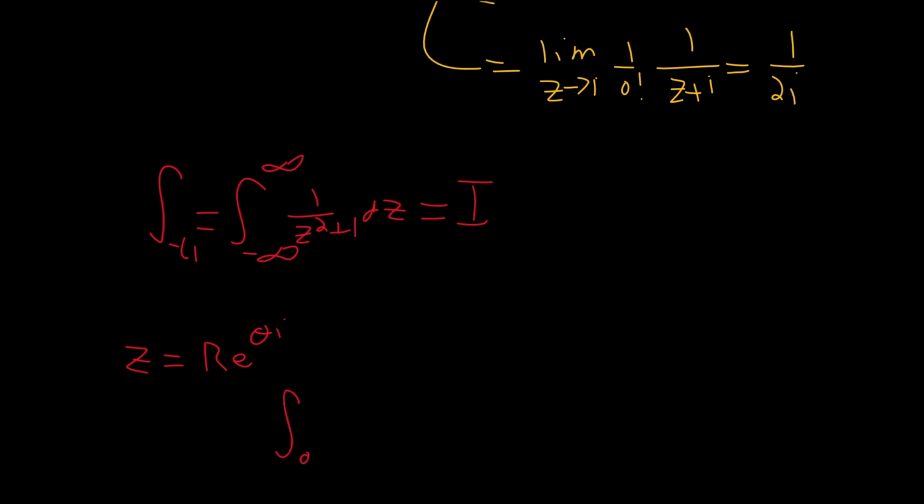And this means that our integral is going to be the integral from 0 to pi, because this is a semicircle, remember, of, well, we need to differentiate it, so dz is going to be equal to r i times e to the theta i d theta, and then over r squared e to the 2 theta i plus 1.